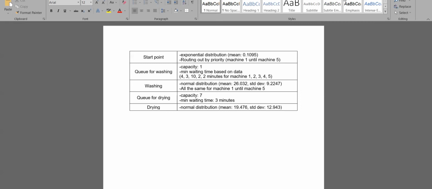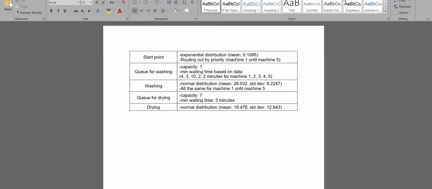Next, for queuing for the machines, the capacity is equal to 1 since we want to minimize the queuing for each machine. Hence, the minimum waiting times from the data are 4, 3, 10, 2, and 2 for machine 1 until machine 5.